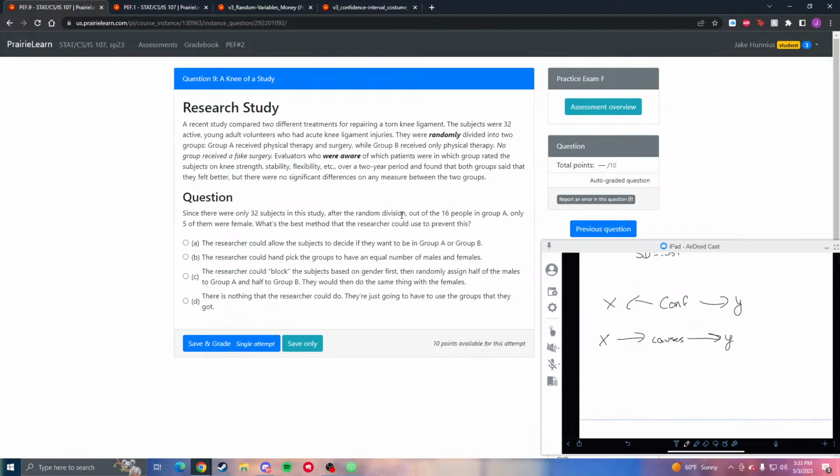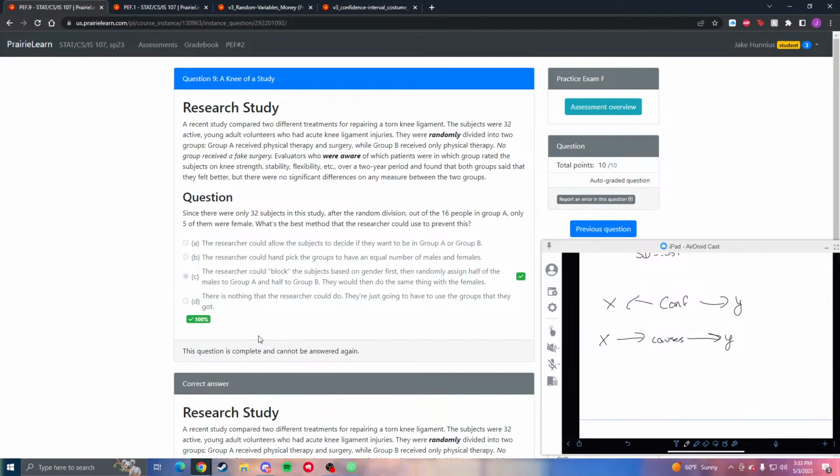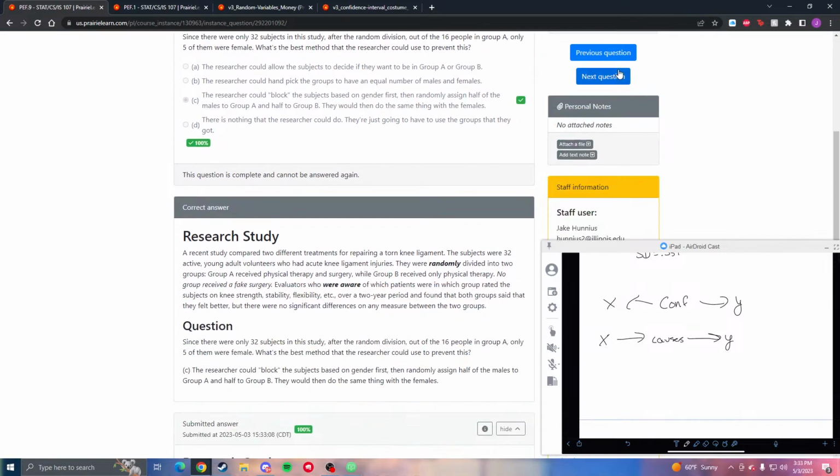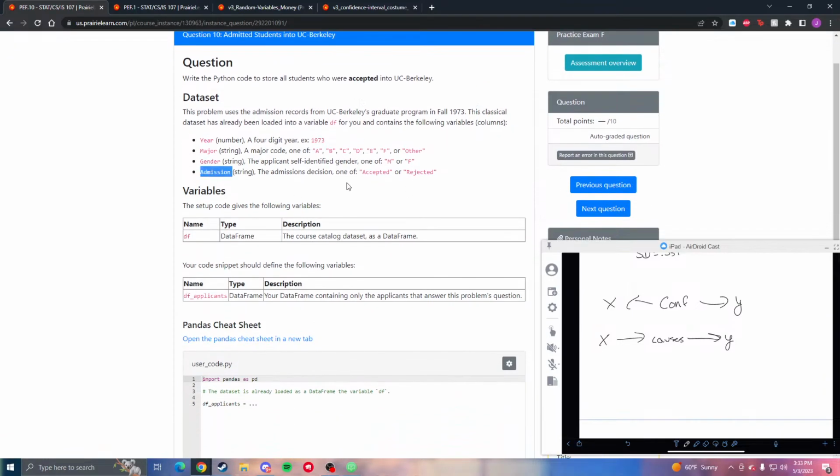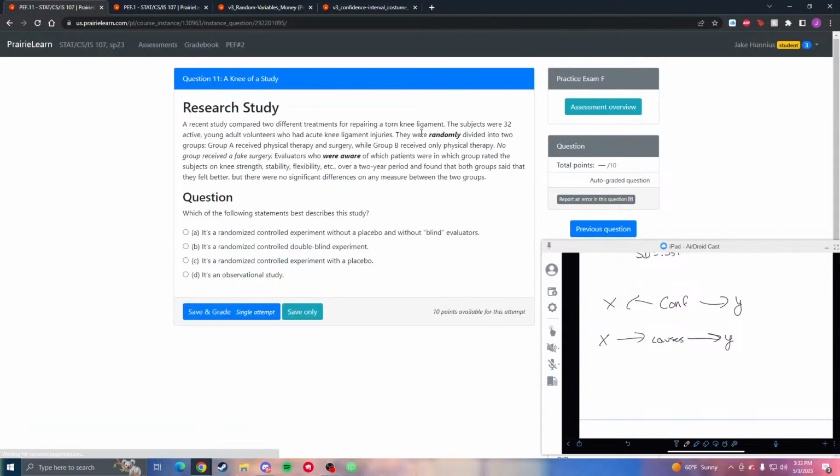All right, only 5 of 16 in group A were female. So what we could do is block the subjects. We divide them into men and women, and then assign them to their groups. That way we get an equal number in both. And this is just checking to see if the admission was accepted. You guys have done that a million times.